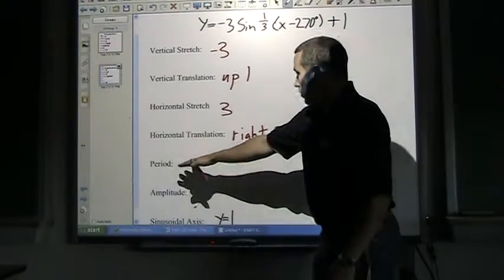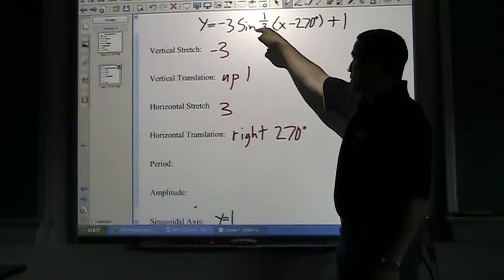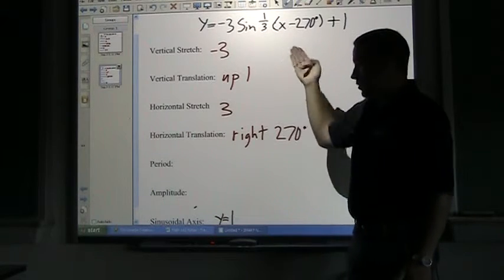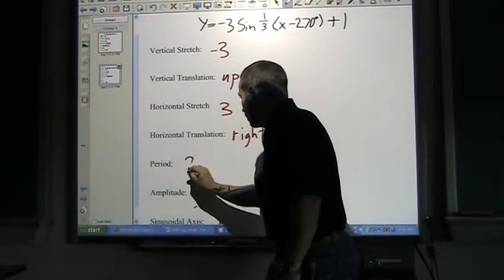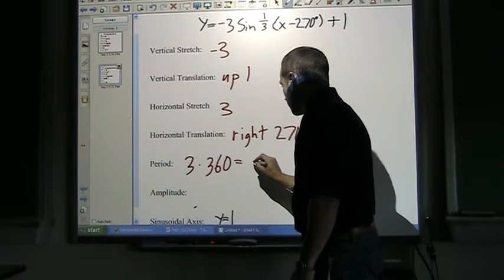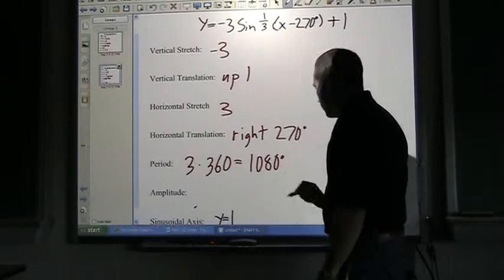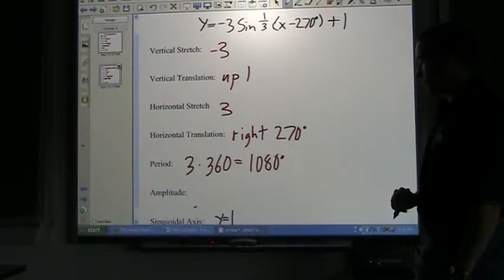The period, we talked about this up here with the horizontal stretch. It's the reciprocal of the 1/3, which is 3, so it's 3 times as long as normal. So 3 times 360 gives you 1080 degrees. So we write the period.